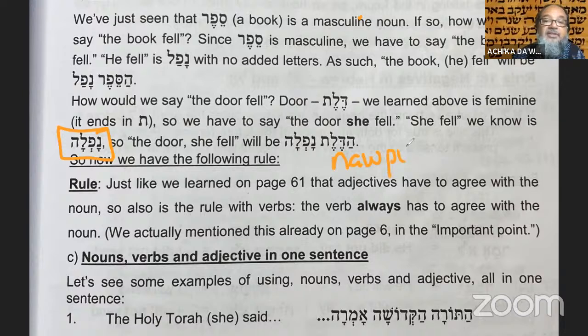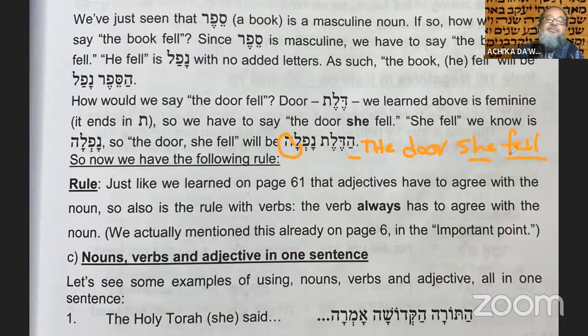Sounds like nafal, but now it's nafala. It became feminine because they put the a on the end of nafal. So it's nafal, nafala. Ha delith, the door, nafala, she fell. The door, she fell.